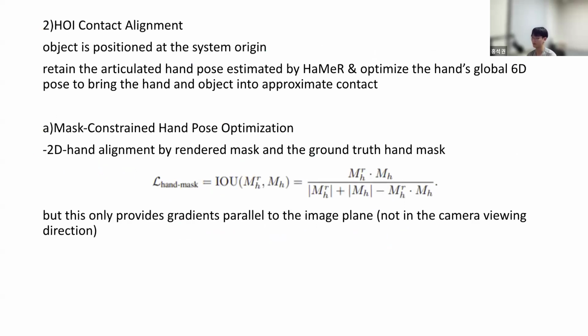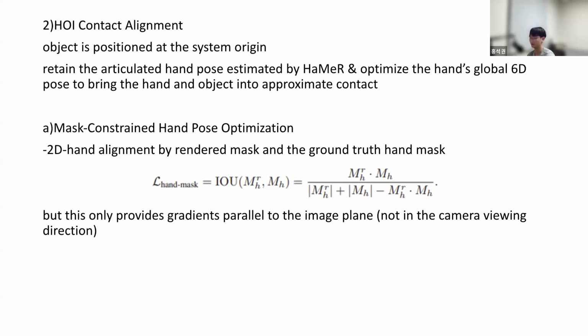Second is HOI contact alignment. As we said in the first step, the object is positioned at the system origin and retains the articulated hand pose estimated by Hammer, and optimizes the hand's global 6D pose to bring the hand and object into approximate contact.